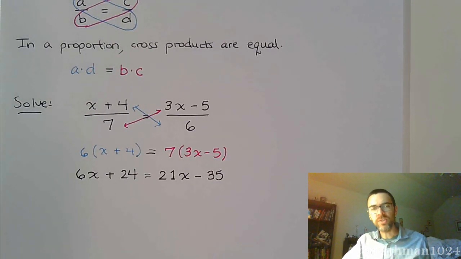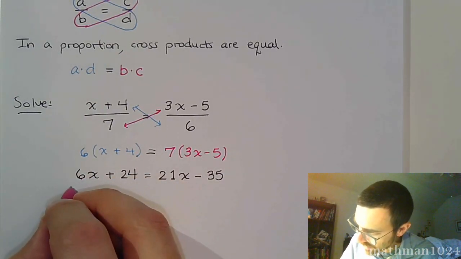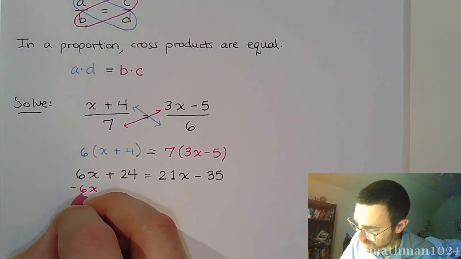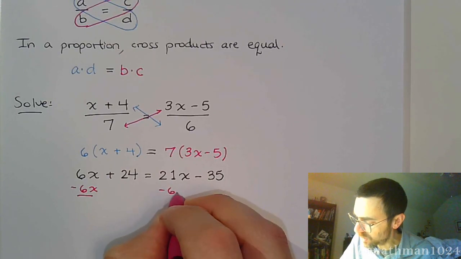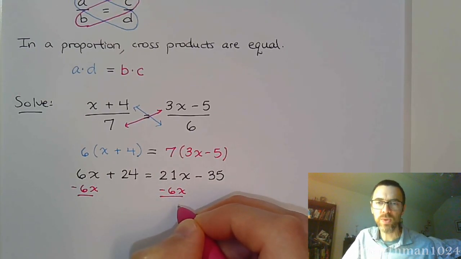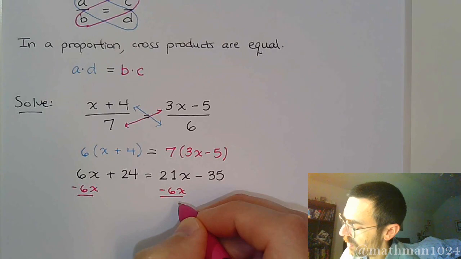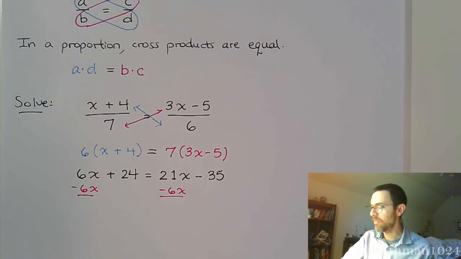First things first, I would move the variable terms to be on the same side, so I'm going to subtract 6x. I don't have to subtract 6x, but that's what I'm going to choose to do because that's going to give me a positive coefficient for my x term.